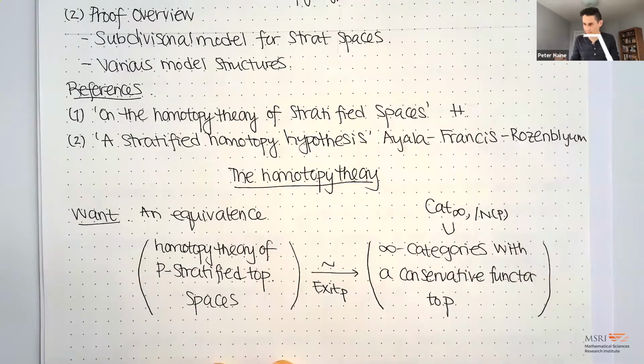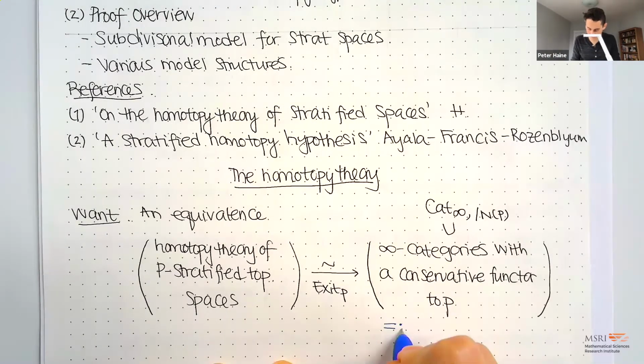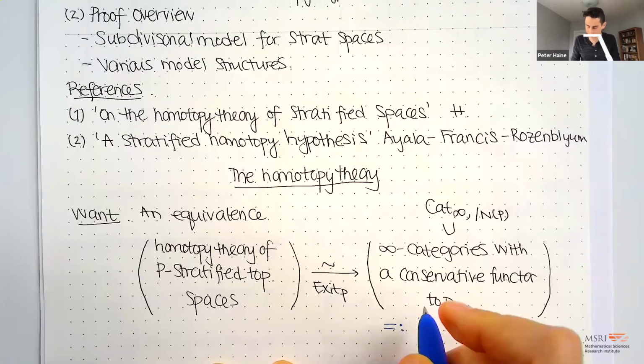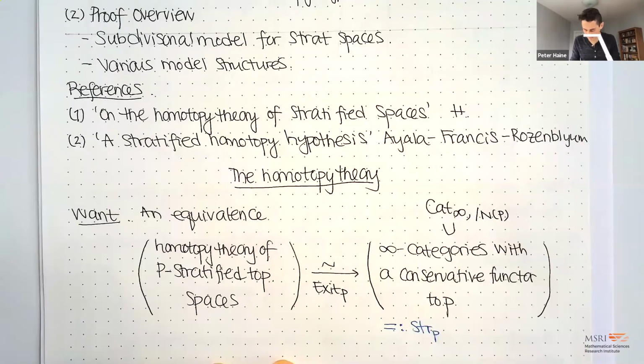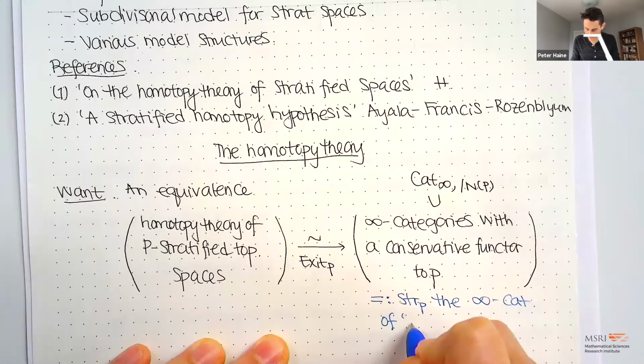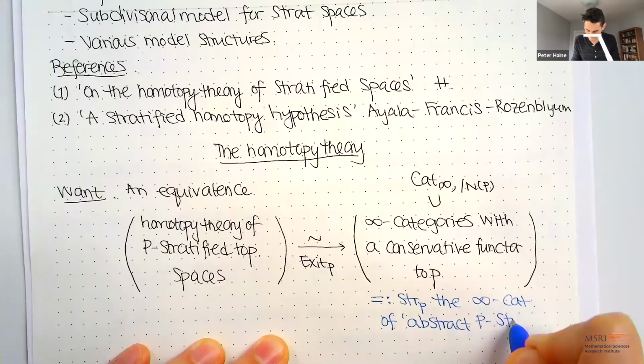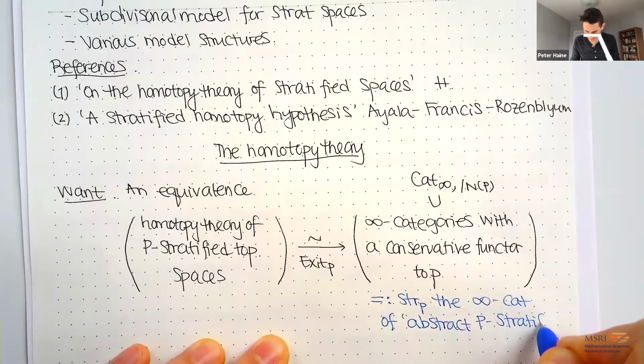So I'm just going to write this as Str_P and call this the infinity category of, let's call it for the moment, abstract P-stratified homotopy types.